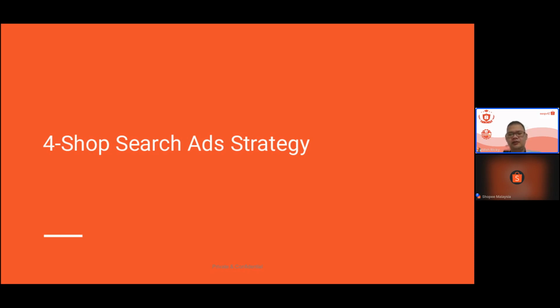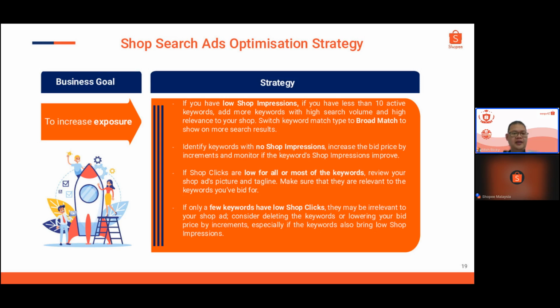But this one, for me, is quite similar to the search ads. The first one, to increase exposure, this one also mentions we need at least 10 keywords. Actually, I heard one Shopee expert sharing.